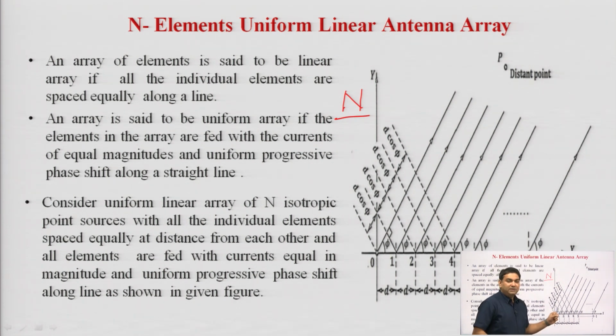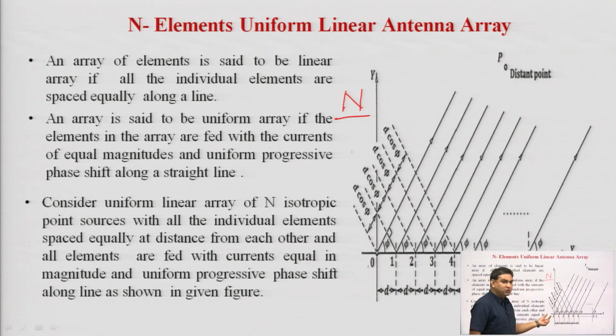Now, the distant point P is the far field point, placed at a far distance from this antenna array system, and all the elements are at different distances from the distant point P. All these distances shown in the diagram have different path differences and phase differences among each other.